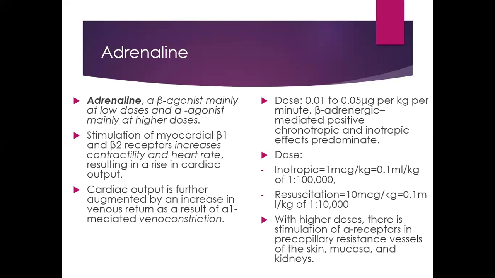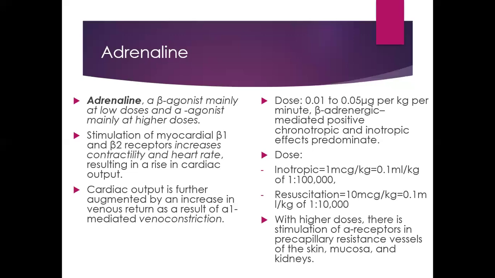The normal dose we use is 0.01 to 0.05 microgram per kg per minute. And this is crucial because, as you look at it, the dose that you give will determine the kind of effect that your drug will have on the heart.